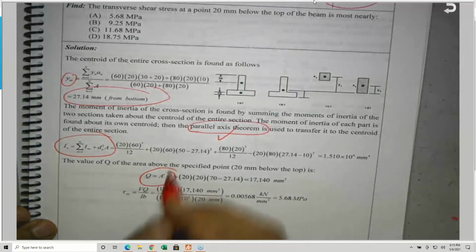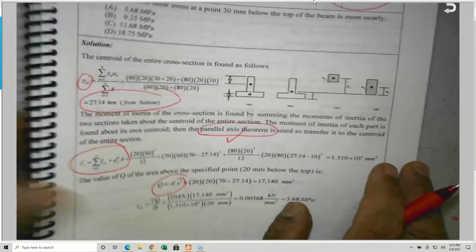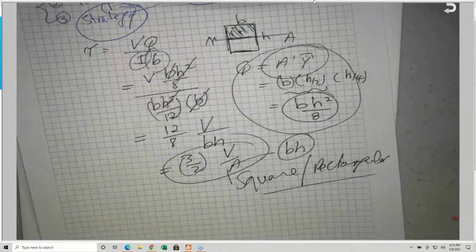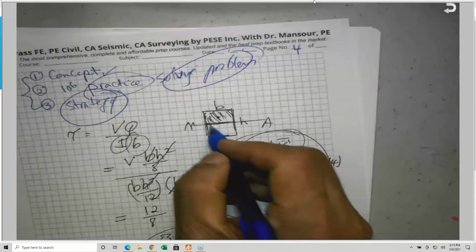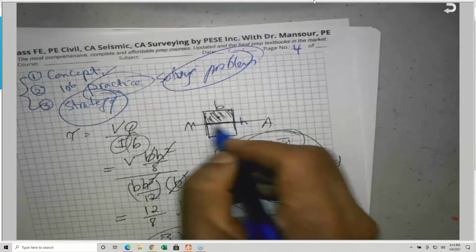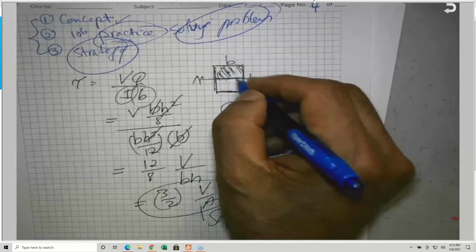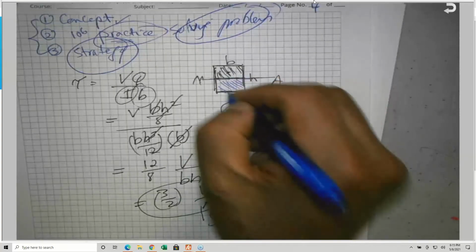The Q is above or below, by the way. When we calculate Q, it is the first moment of area. I calculated the Q here for the rectangular section using the area above the neutral axis. If you calculate the area below the neutral axis, you should get the same.